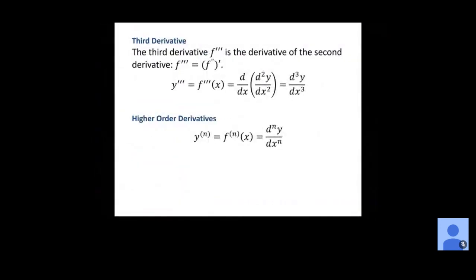There we go. If we're finding the third derivative, we're just taking the derivative of the second derivative, right? We can use 3 prime marks to represent that, but it is just equal to the derivative of the second derivative.